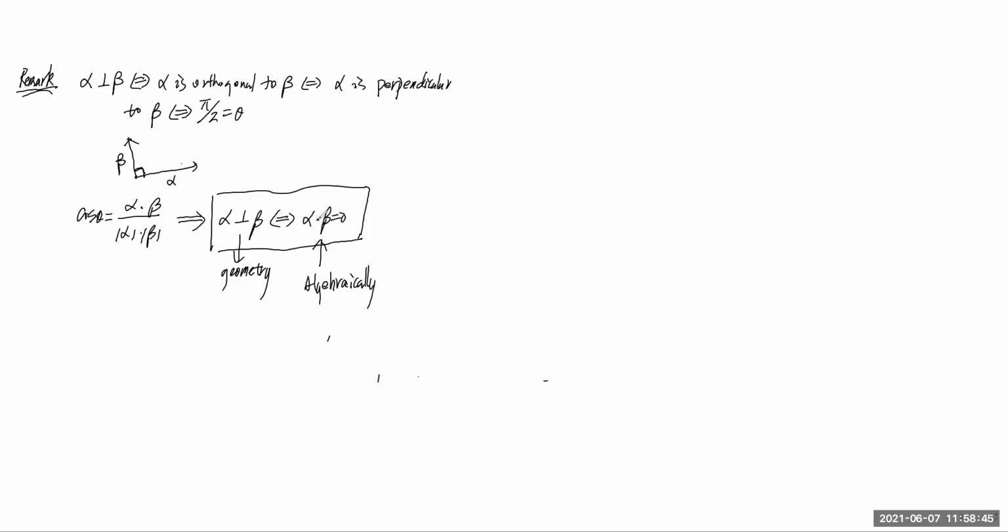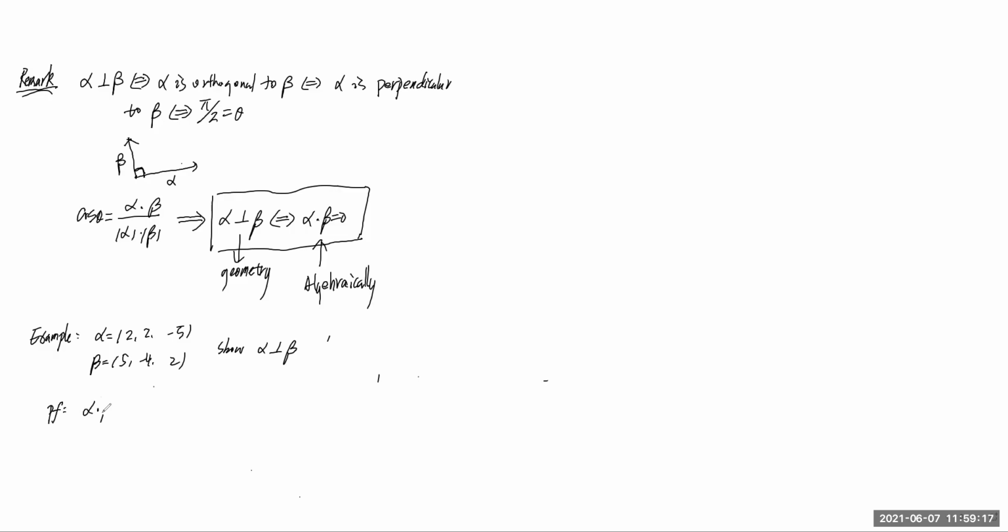Okay, so let's look at an example. If we have alpha is (2, -5, 2) and beta is (5, 2, -2), the problem is to show that alpha is perpendicular to beta. By what I said, when you prove two vectors are perpendicular to each other, what do we do?